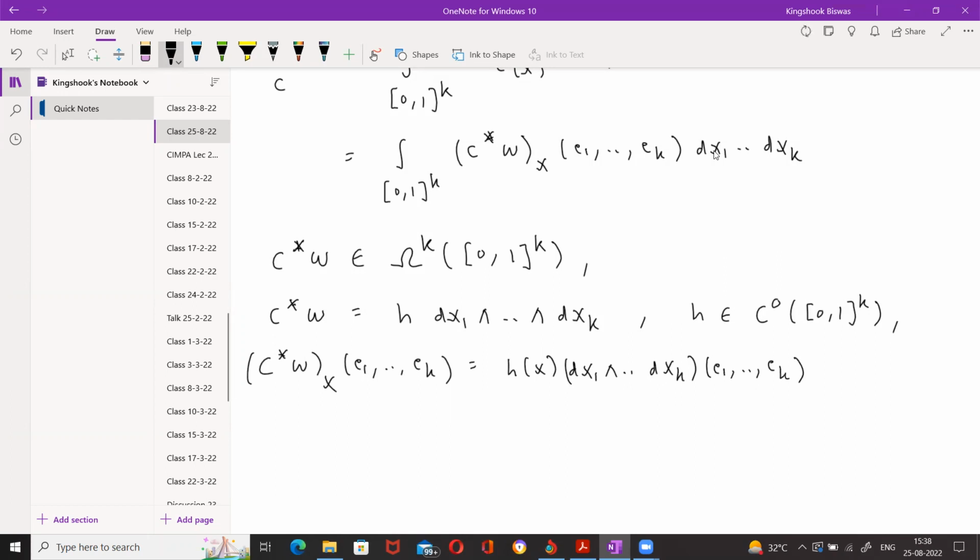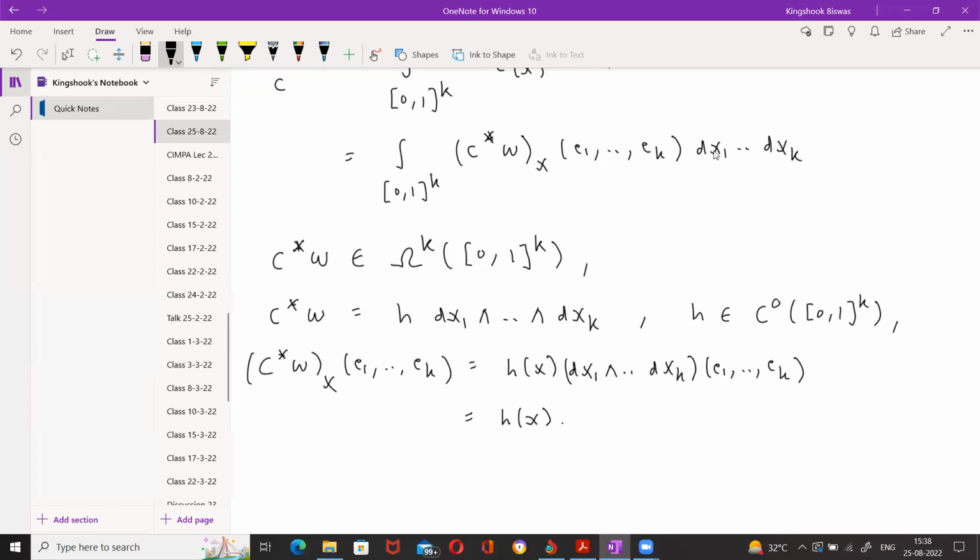And this is just 1, because dx1 wedge ... wedge dxk is the determinant in R^k, the determinant of the matrix with columns e1 to ek, which is the identity matrix, with determinant 1. So this is just h of x.